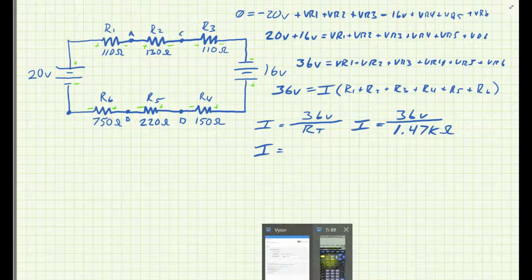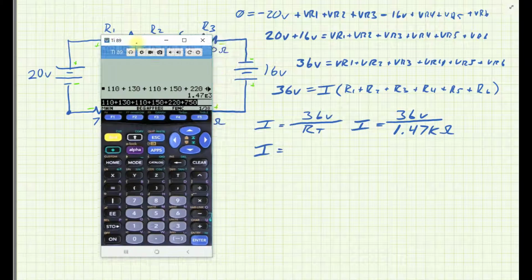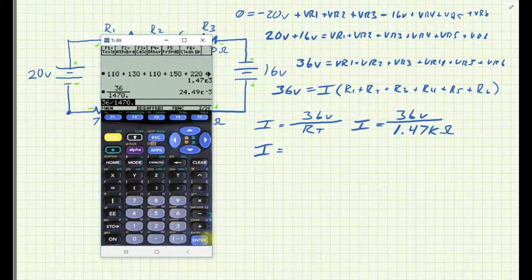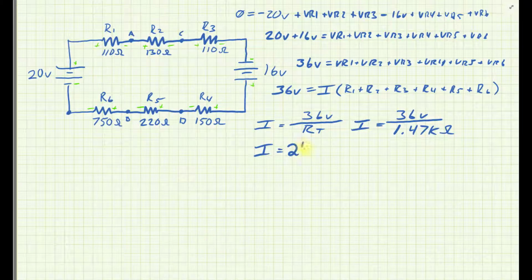Alright, let's bring the calculator back because I actually have to do the solving now. I've got my 36 volts, so clear, 36 divided by the resistance that I found is going to be a current of 24.49 milliamps.